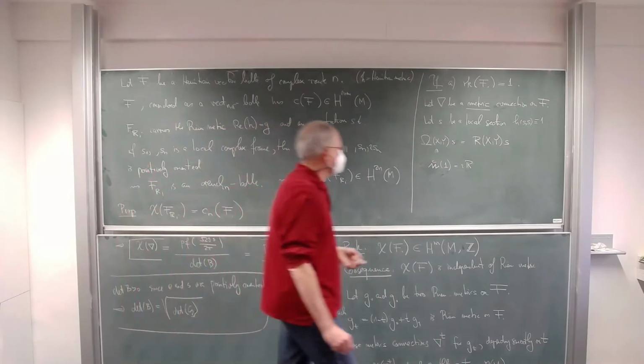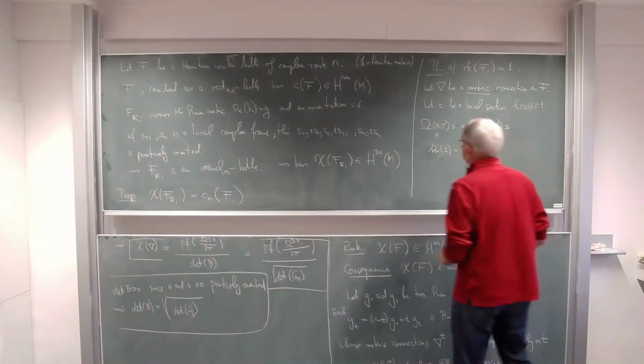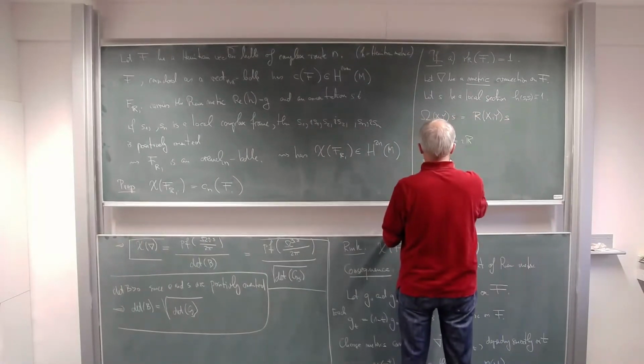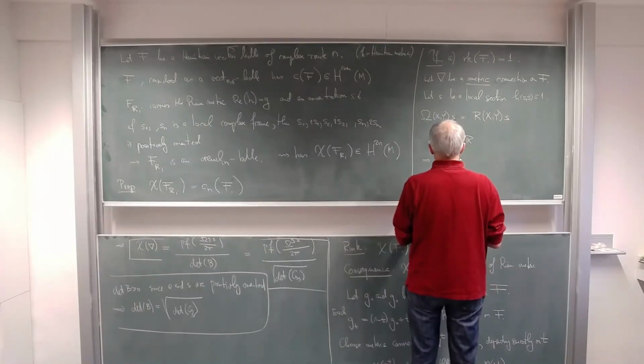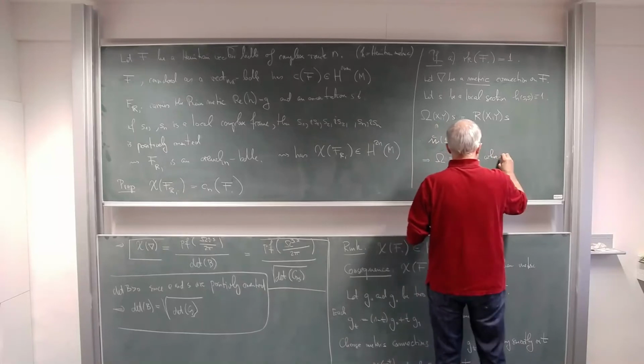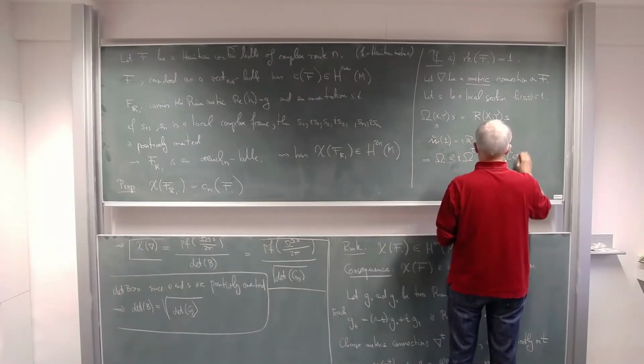Okay, good. And so let me write it like so. Omega is equal to I times omega I, where omega I is the imaginary part, if you like, so that's a real 2 form.